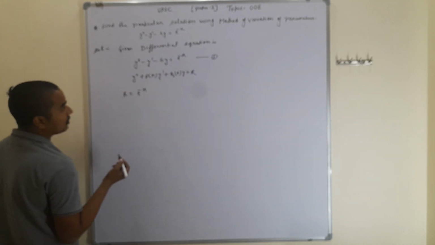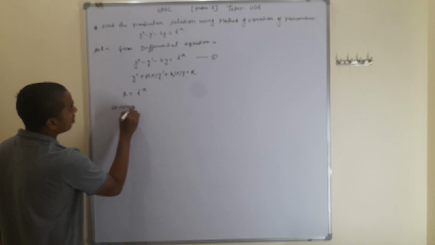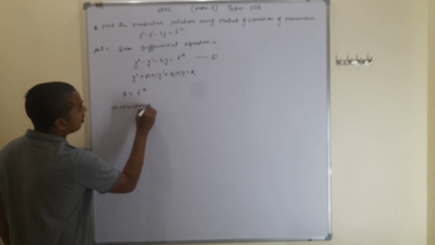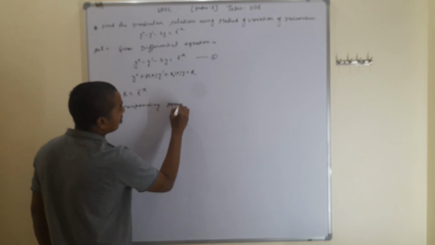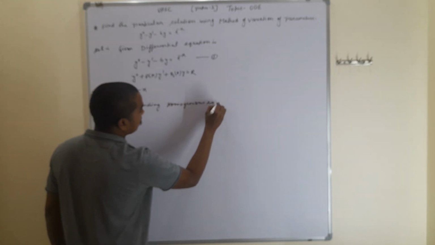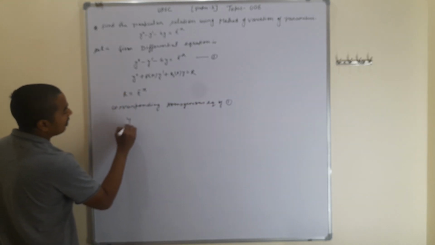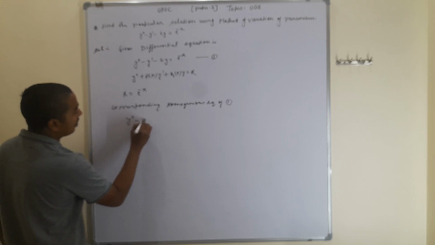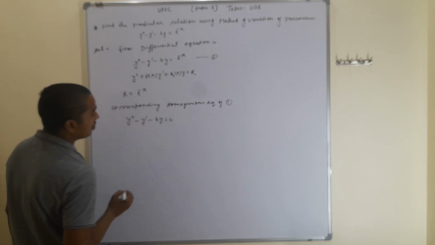Corresponding homogeneous equation of 1 is y double dash minus y dash minus 6y is equal to 0.